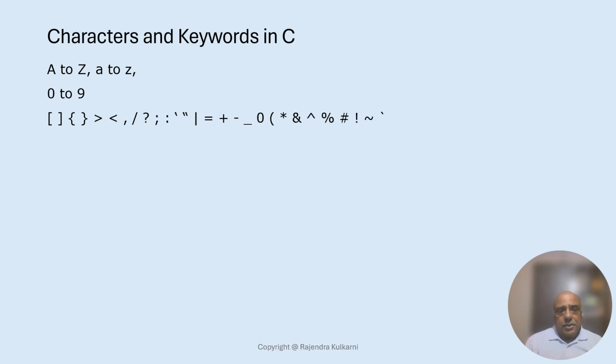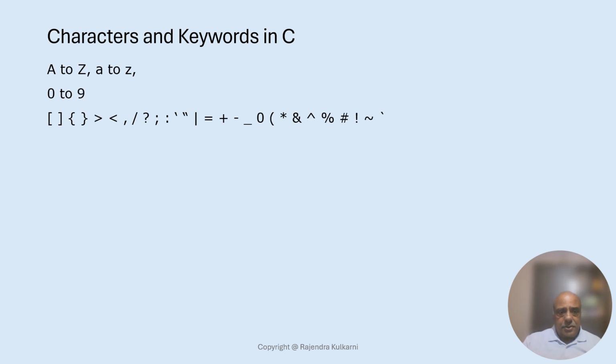In characters, it recognizes A to Z in uppercase, A to Z in lowercase, and digits 0 to 9 are recognized as valid digits while writing a program. Then there are around 25 symbols which are being displayed on this slide. These symbols play an important role when a program is getting compiled and executed.